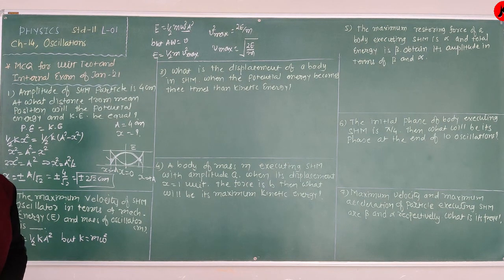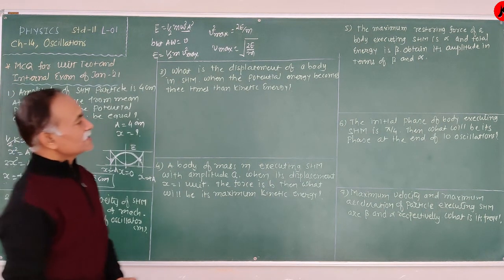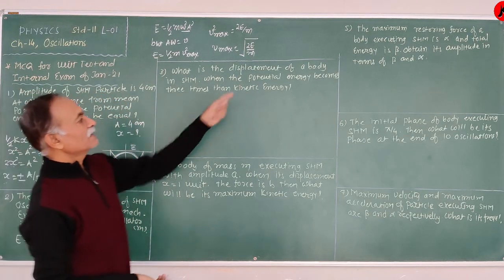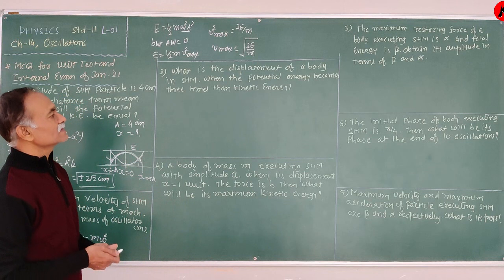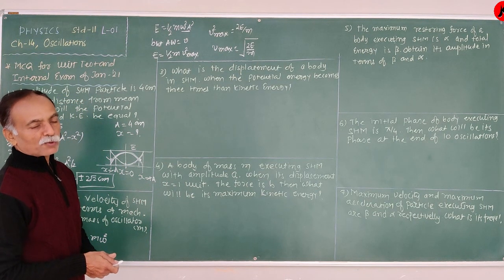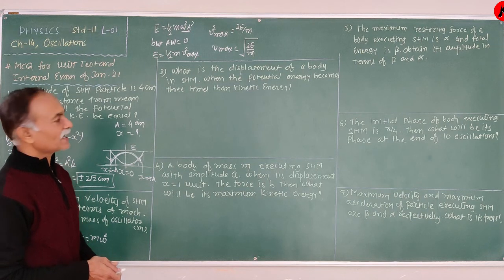Right? Now, what is the displacement of the body in simple harmonic motion when the potential energy becomes 3 times the kinetic energy? So potential energy is equal to 3 times the kinetic energy.